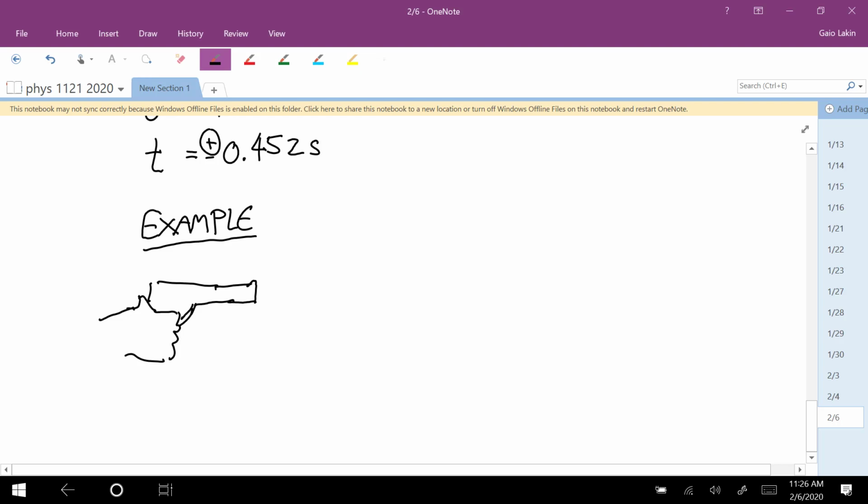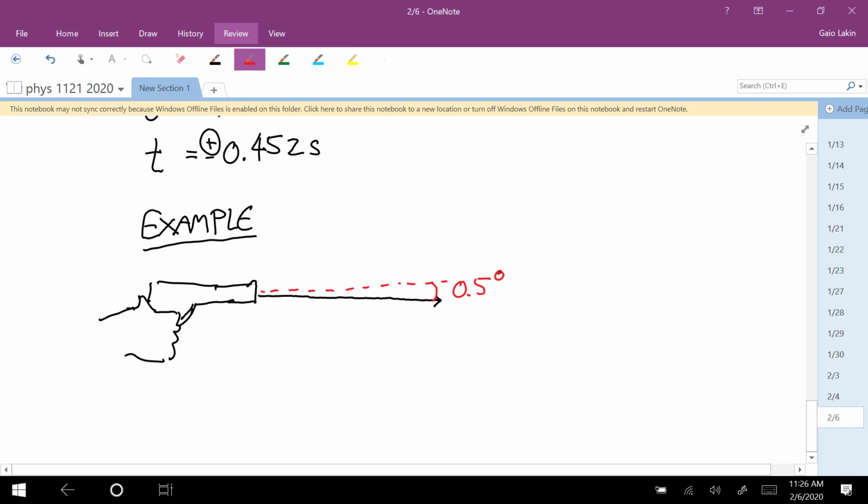So if this is the horizontal, let's say it's fired a little bit below horizontal. And let's say that this angle is 0.5 degrees below the horizontal.